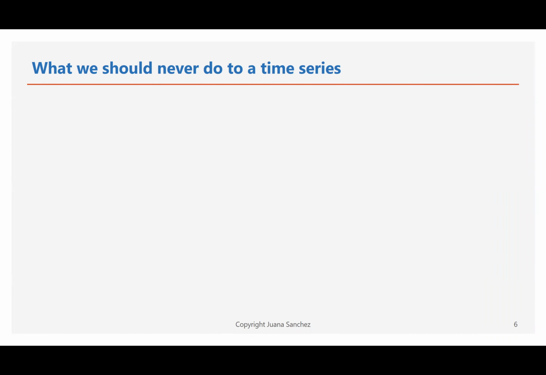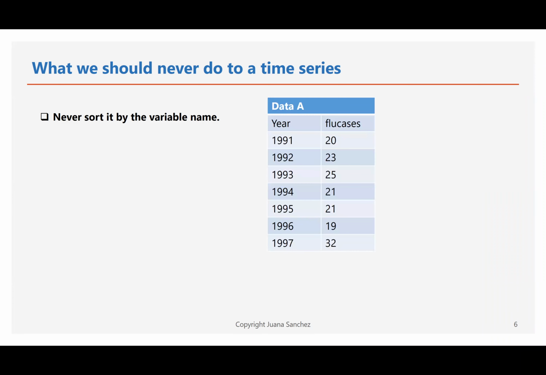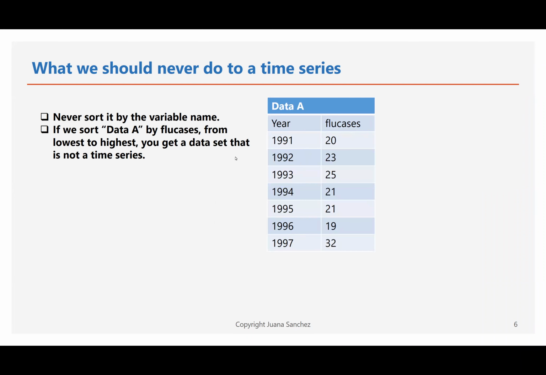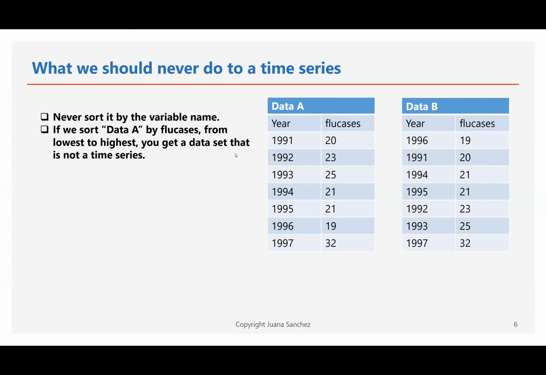What shouldn't we do to a time series? Never sort the time series by the variable name. Here is data A, has the year in order, lowest year, highest year. If we sorted data A by flu cases from lowest to highest, you get a data set, data B, that is not a time series.